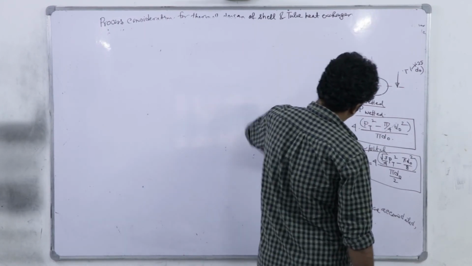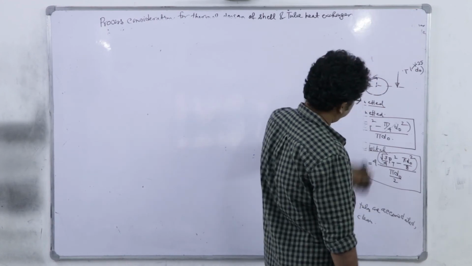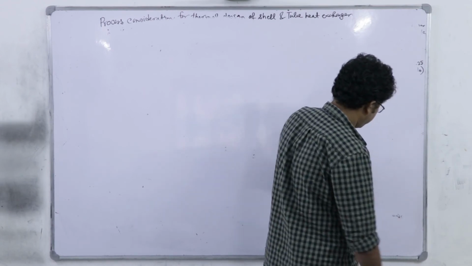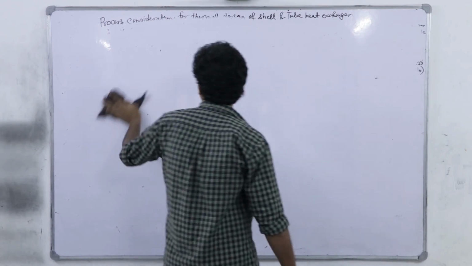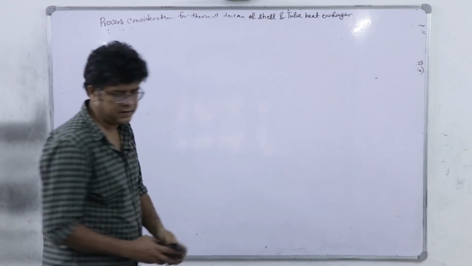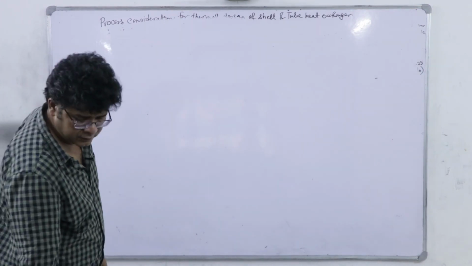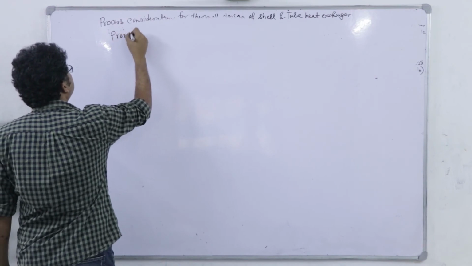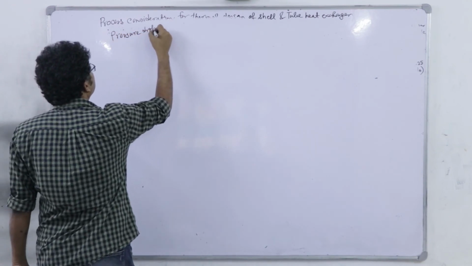So, for pressure drop we will simply use Darcy's relation, okay, but with a bit of modification of course. So, empirical modifications are included. So, you see, pressure drop calculation.